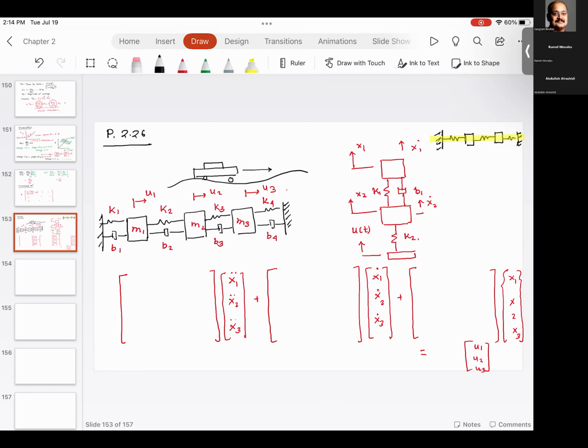This problem was solved in class. Any pattern here? Can you track any pattern? Any suggestions from anyone?